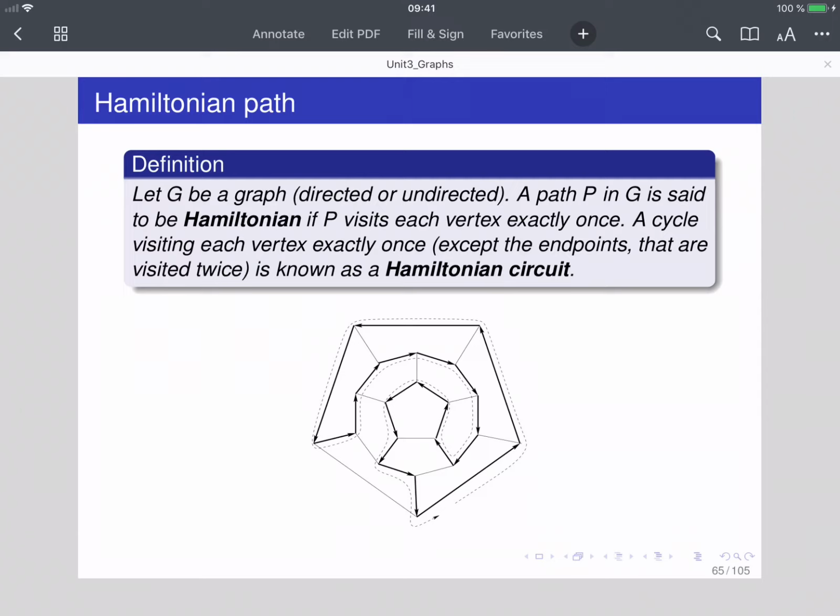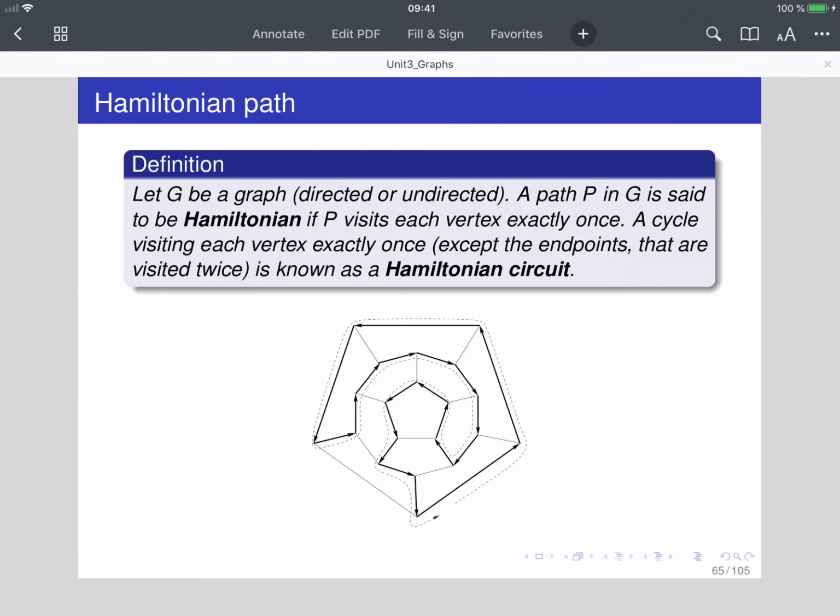And now we are going to consider something that, as I've told you, may seem similar. Now we are interested in what we call Hamiltonian paths. Hamiltonian paths are paths that use all the vertices in the graph once and only once.